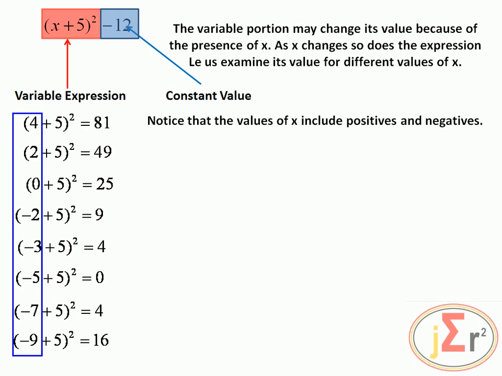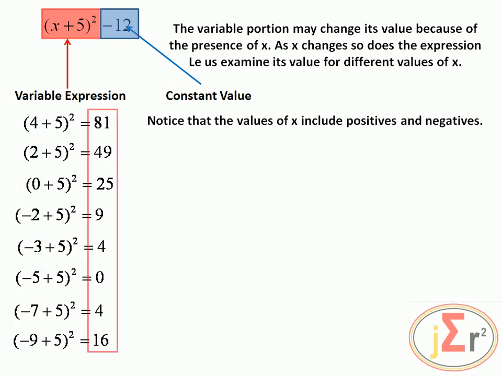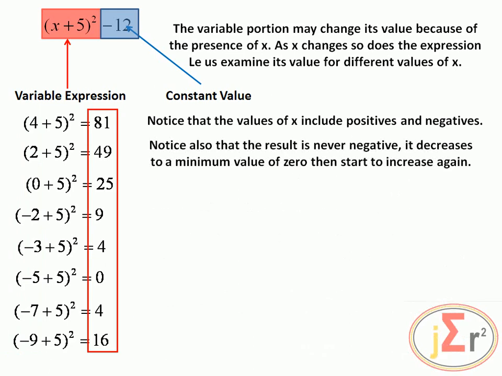Notice that the values of x include positives and negatives. Notice also that the result is never negative. It decreases to a minimum value of 0, then starts to increase again. So we see 81, 49, 25, 9, 4, 0 going down, and then we start to increase again.